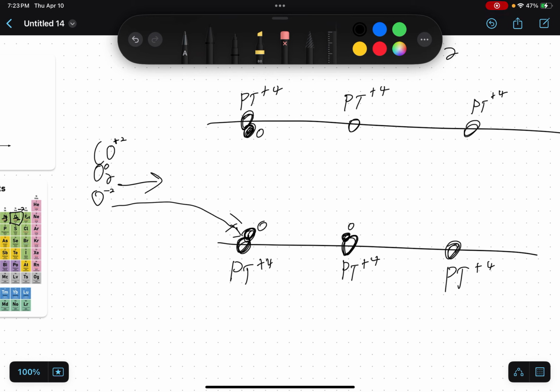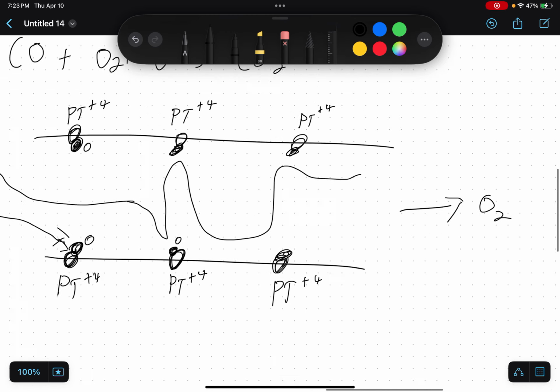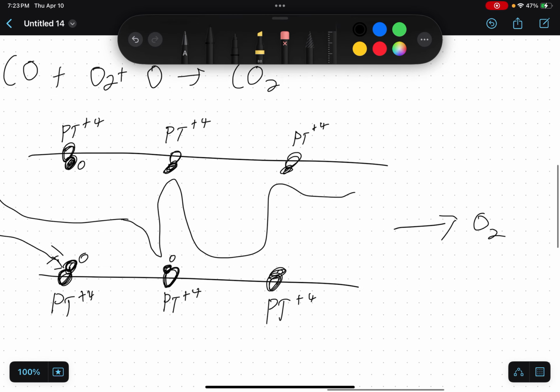So the idea is once enough of these are filled up, then as the CO travels through, statistically, it will bounce off enough of these, and one of these will break free, and then it'll become CO2.